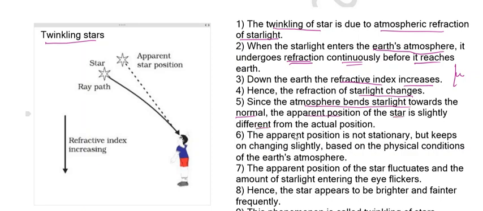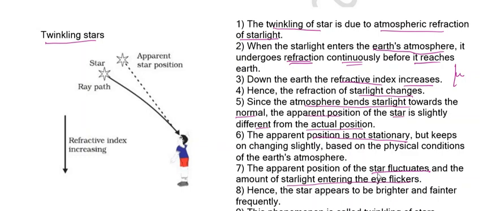It appears to be shifted from the actual position. This is the actual path, but now there is a shift. That is the apparent position. Now the apparent position is not stationary. Once again it comes back, once again it goes, once again it comes back. That is why there is a star fluctuation over a short distance. So when it enters our eye, it flickers. Are you able to follow?